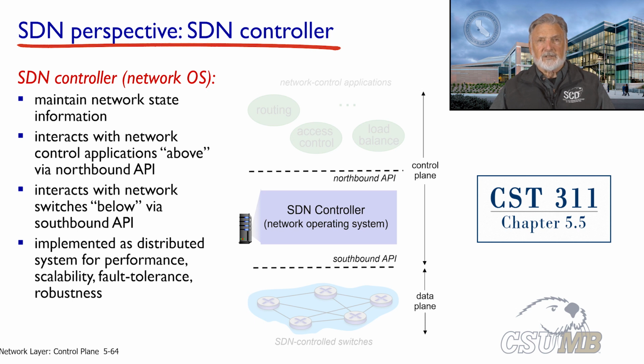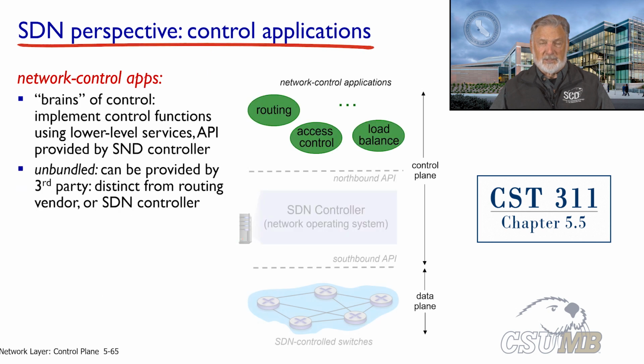For resilience, the logically centralized controller is designed to be implemented as a distributed system, which incorporates a number of physical controllers that may be in different locations. This provides the high performance, scalability, and fault tolerance required for a 24/7 operation. Network control applications reside on the northbound side of the SDN controller.